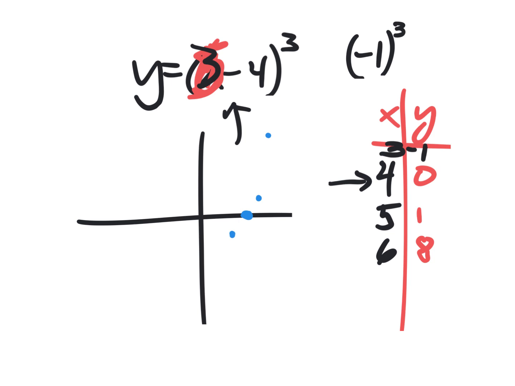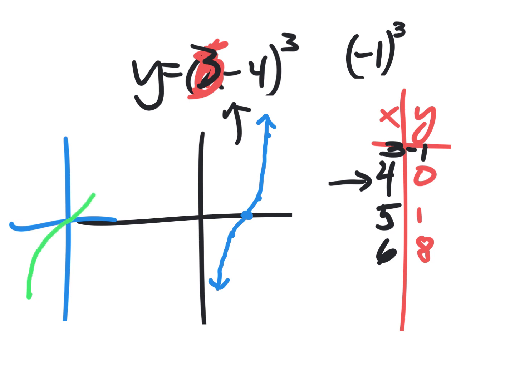Oh yeah, this is one of these kind of graphs. I'll make a more exaggerated one. You guys have seen this graph before, haven't you? That's an x to the third graph. Remember that? It's kind of like a parabola on the top, and then it's like a flipped over parabola on the bottom.